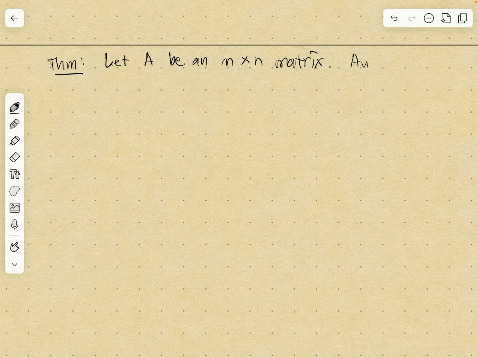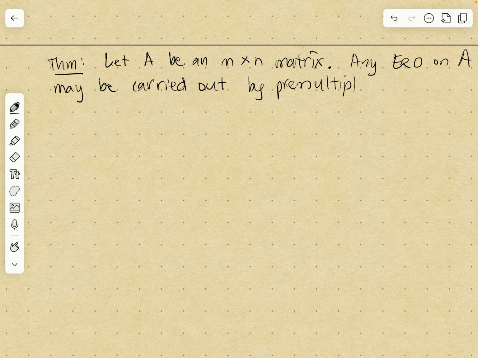Any elementary row operation on A may be carried out by pre-multiplying A. What does pre-multiplying A mean?